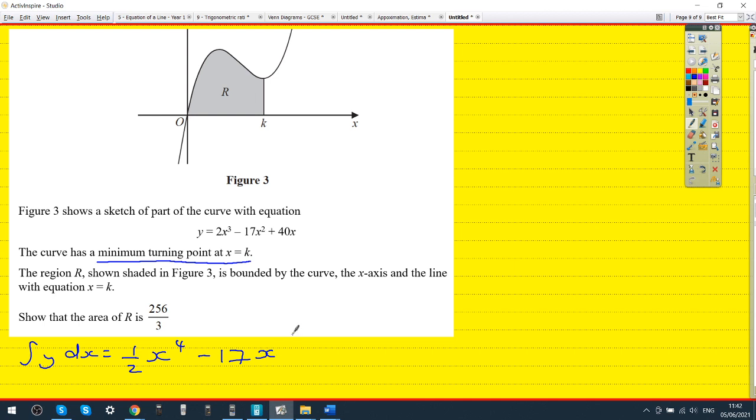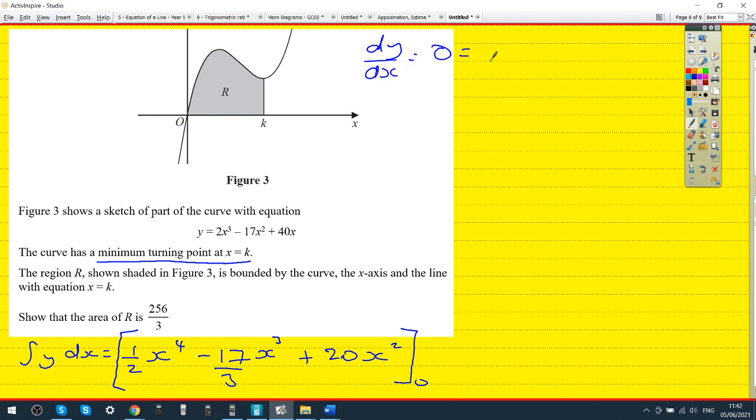And you're told that it's a minimum turning point. So it has to be negative, right? What do you know about a minimum turning point, or what do you know about a turning point in general? Oh, the gradient is 0. Yeah. How do you get the gradient of a curve? Differentiation. Yeah.